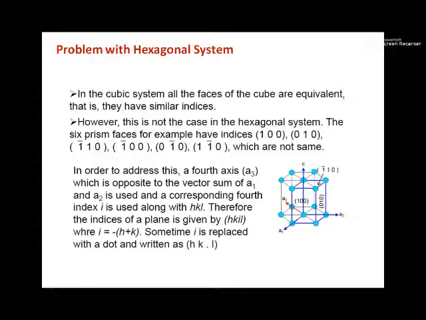Those faces are 1 0 0, 0 1 0, 1 bar 1 0, 1 bar 0 0, 0 1 bar 0, 1 1 bar 0. Now some of the planes are represented here, that is 0 1 0, 1 0 0, 1 1 bar 0.